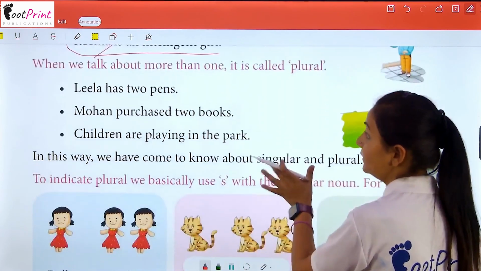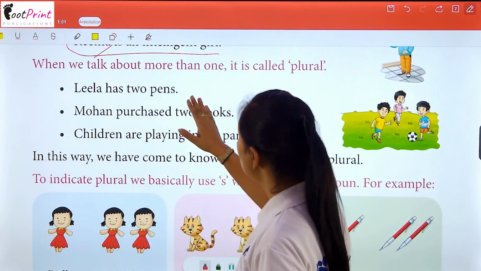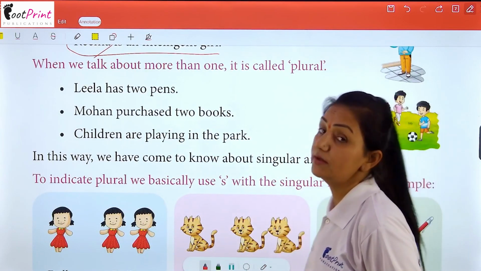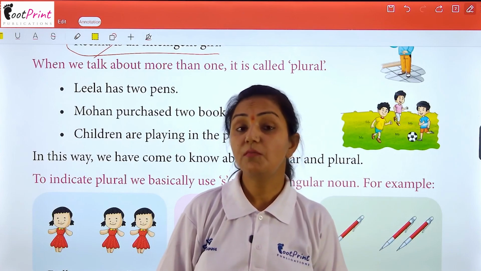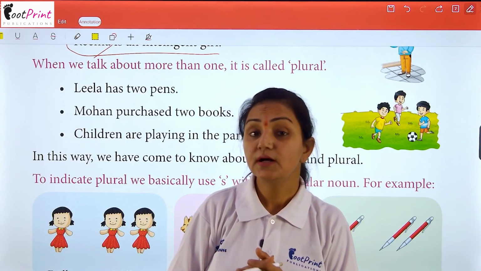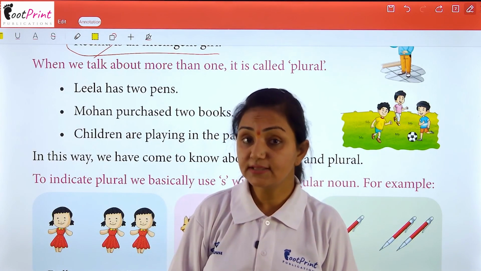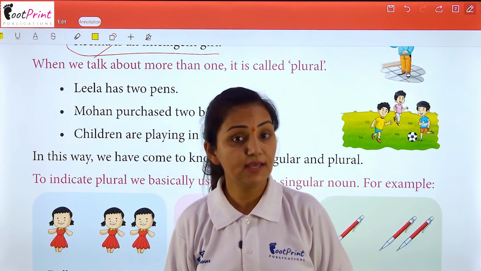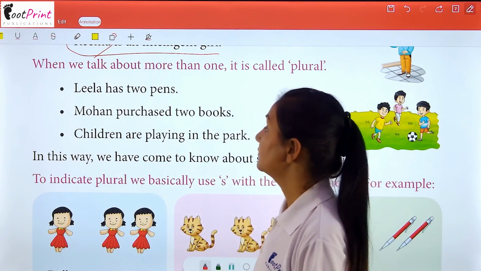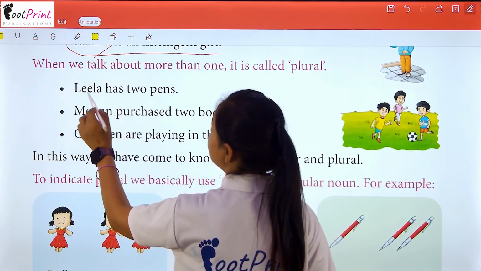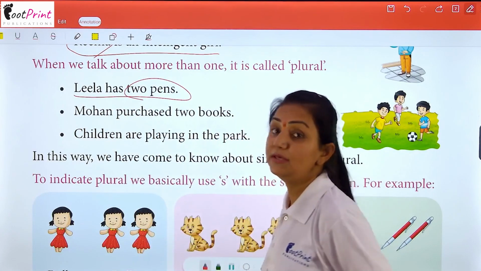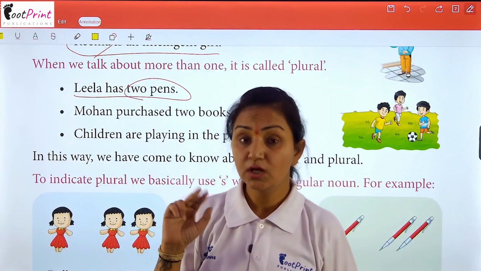Clear? When we talk about more than one, it is called plural. When we are talking about more than one, which form will it come in? Plural. As Leela has 2 pens. How many pens? 2.